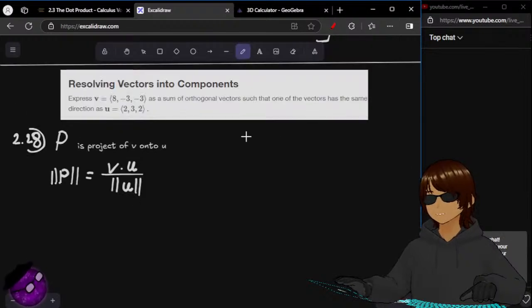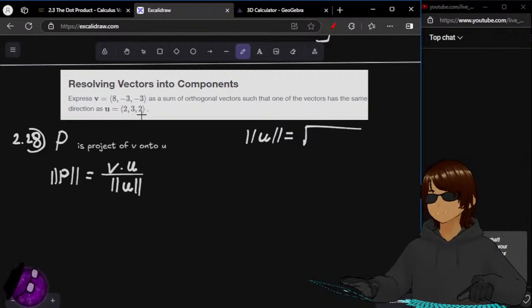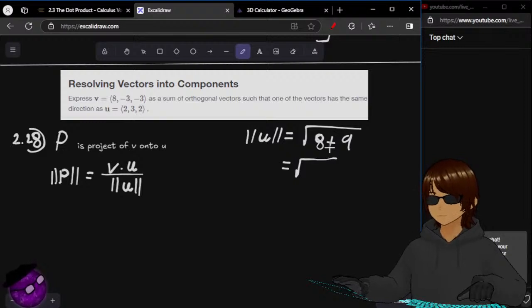And then U is 2 squared plus 3 squared plus 2 squared, so 4 plus 4, and then 3 squared is 9. Root 17.